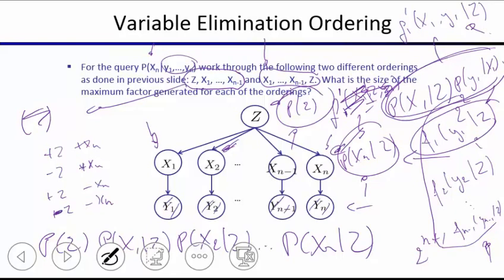Now we can look at how we compute each of those numbers. So let's look at the first one, plus z plus xn. The way you compute it is you look at the product of these factors that we circled here, those n plus 1 factors, and multiply the corresponding entries together to get the entry in that table. So we'll have a product of n plus 1 numbers to compute that entry.